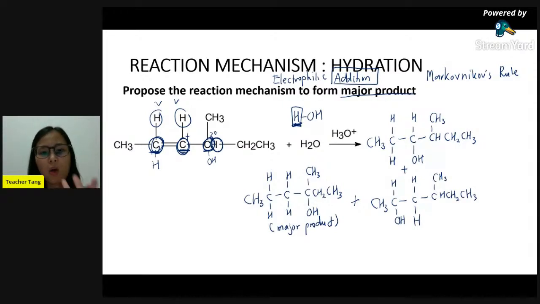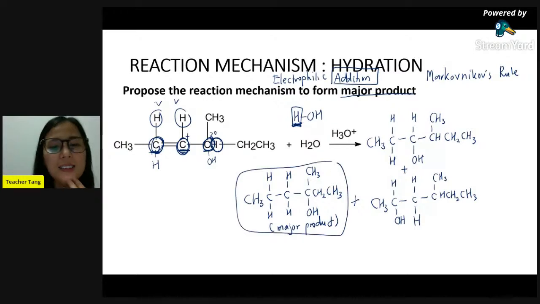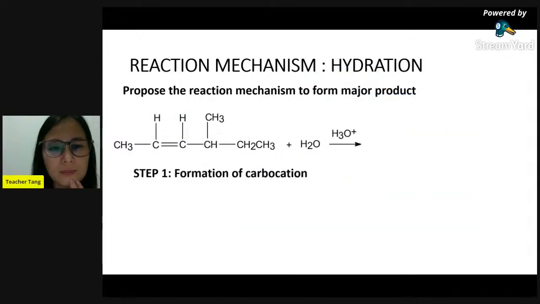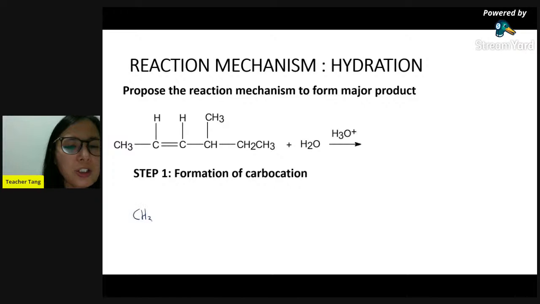Okay, so now shall we look at the mechanism on how to get these major products. So step number 1, formation of carbocation ion. We need to start with the break.